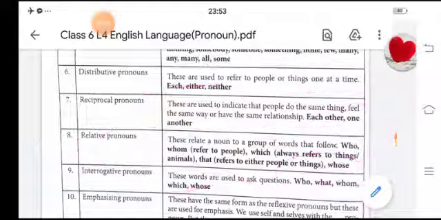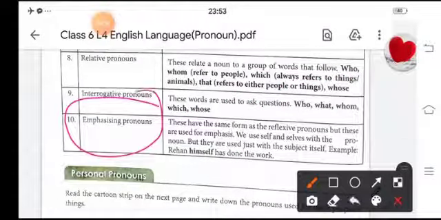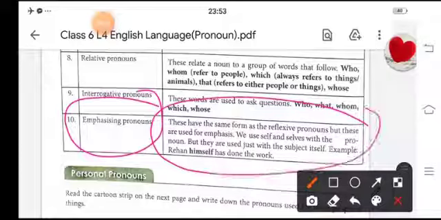And the last one is emphasizing pronouns. These have the same form as the reflexive pronouns, but are used for emphasis. We use self and selves with the pronoun, for example, himself.